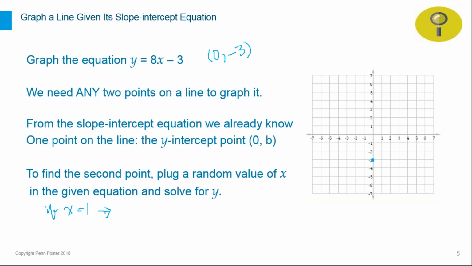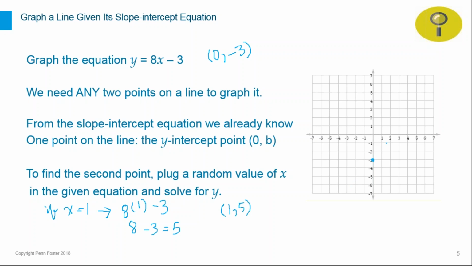I'm going to find out by plugging in the 1 for x. So 8 times 1 minus 3 should give us the corresponding value of y. 8 times 1 is 8. Minus 3 will give you 5. So that tells us that when x is 1, y is 5. And that together will make us write the ordered pair of the second point as (1, 5).